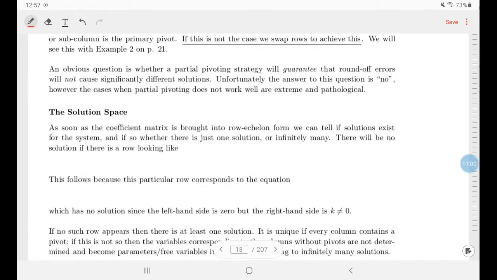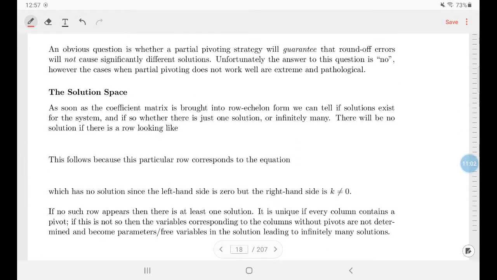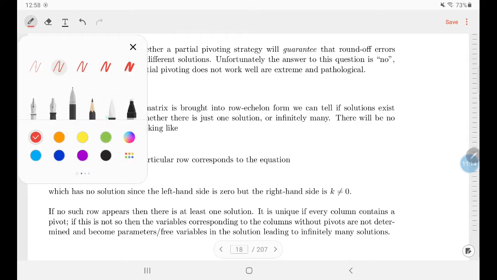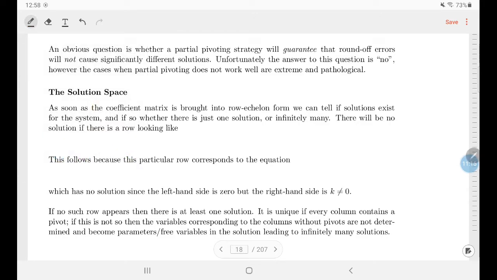Okay, right. So the beauty of Gaussian elimination is that when you have the augmented matrix or the coefficient matrix brought into row echelon form, you can tell if solutions exist. We actually looked at this in the previous lecture. If you get a row that is loads of zeros and something non-zero, then there are no solutions.